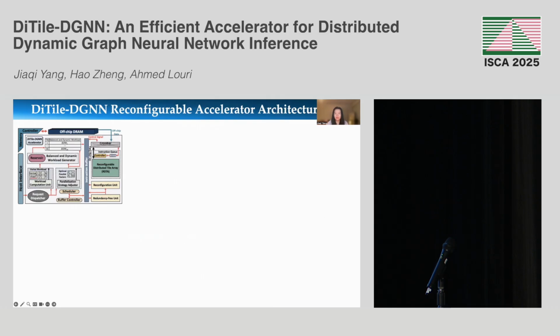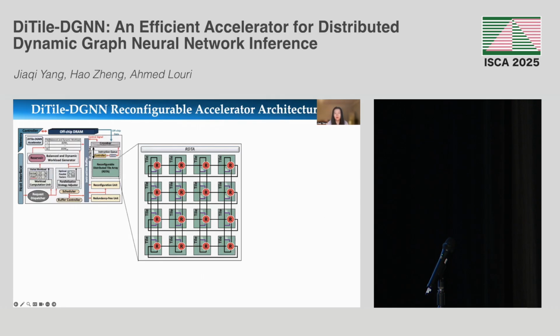To support the diverse communication and data flow needs of DGN workloads, we propose a reconfigurable and distributed tile array, or RDTA. The RDTA consists of a 4x4 tile array with tiles interconnected via a reconfigurable interconnect, as shown in this figure. The interconnect uses a dual layer topology, with horizontal links to form a ring.